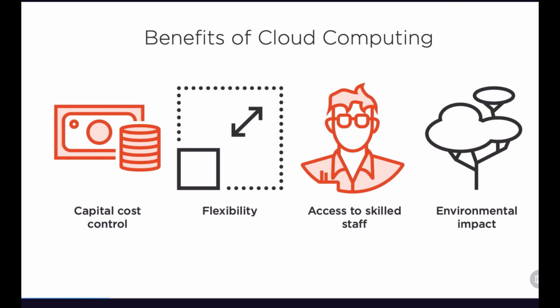Well, beyond the fact that maybe the cloud service providers have very good salespeople, there are a number of other convincing arguments that can be made, such as capital cost control, flexibility, access to skilled staff, and even environmental impact. If 15 companies move to a cloud provider, that means that 15 companies can get rid of backup diesels and batteries and spare equipment. And so there can be quite an advantage, even environmentally as well.